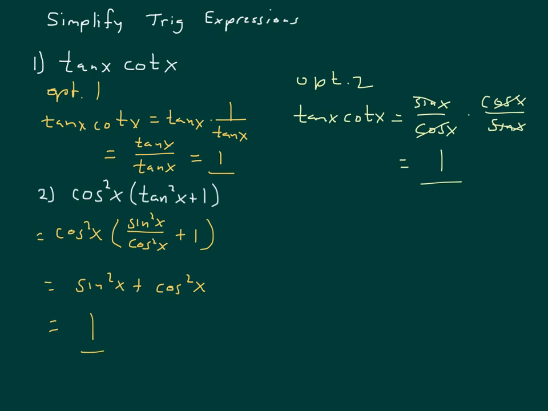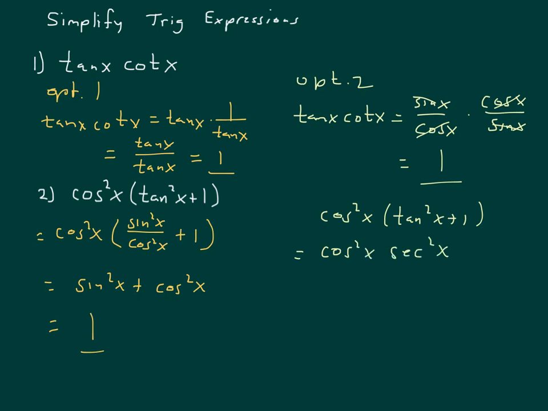Option 2 on this one, I'm going to use the idea that, instead of using the Pythagorean identity at the end like in the first option, I'm going to use it in the beginning. I have a Pythagorean identity that says tangent squared x plus 1 is equal to secant squared x. So with that, cosine squared x times tangent squared x plus 1 is equal to cosine squared x times secant squared x.